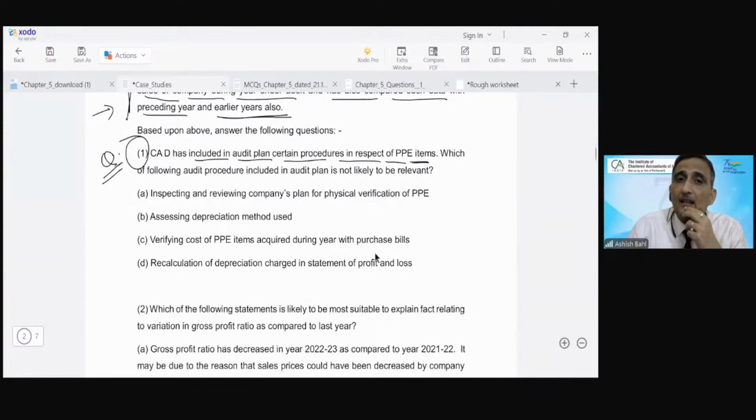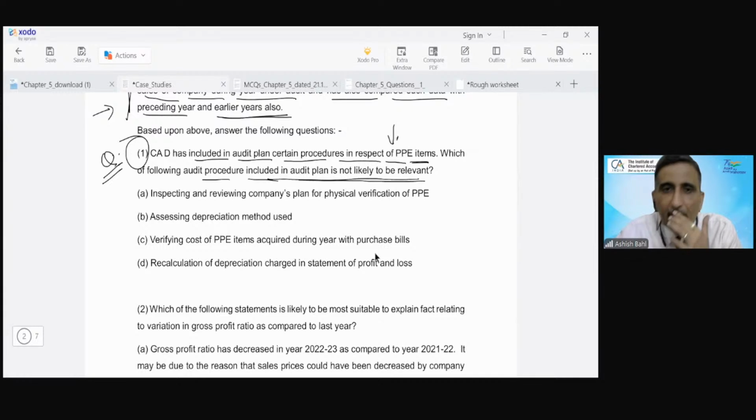So based upon this case study, based upon the data, which of the following audit procedures included in the audit plan is not likely to be relevant in respect of PPE items? Tell me what should be your answer.